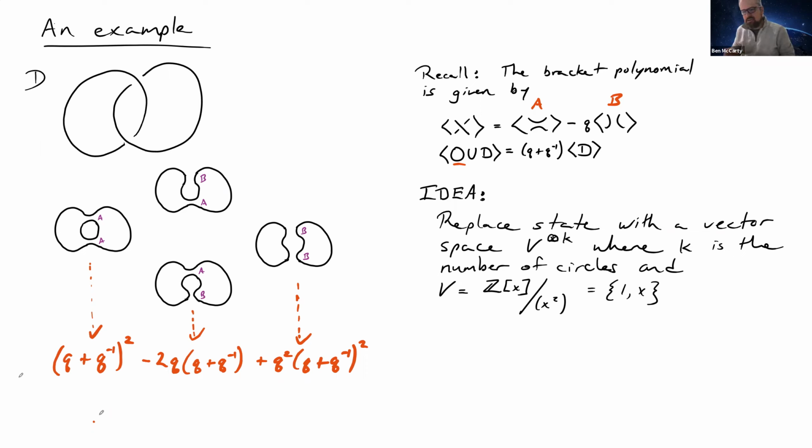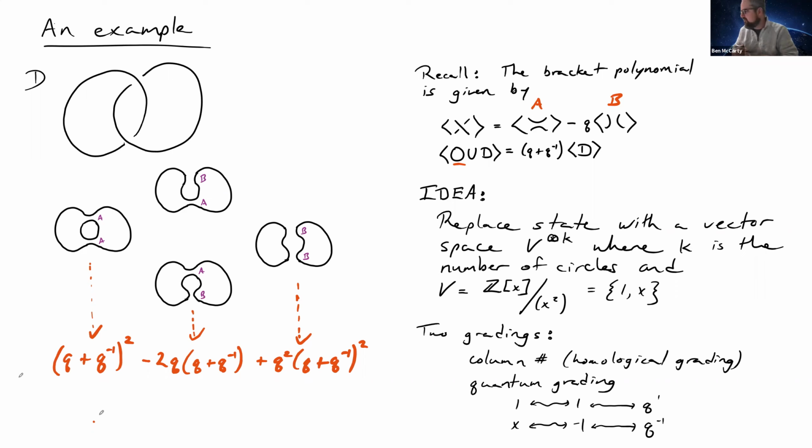And this is going to be more than just attaching these labels. We're going to have a couple of gradings associated to elements of these vector spaces. We're going to think of the 1 as having grading +1, and that corresponds to the positive exponents on Q. So every time we see a 1, we should think of that as corresponding to a Q to the first power. X corresponds to -1 and corresponds to a Q to the -1.